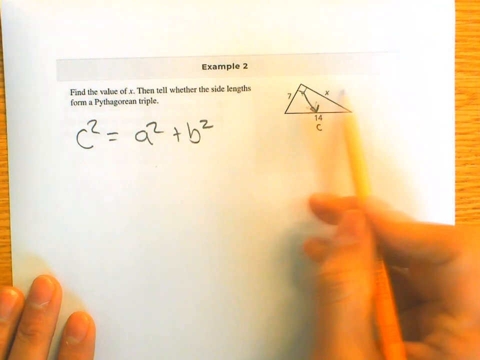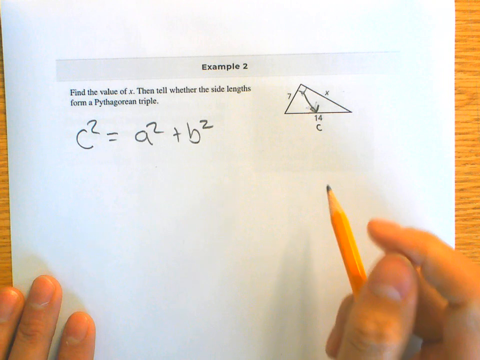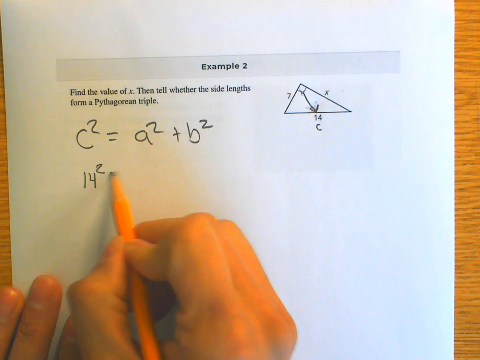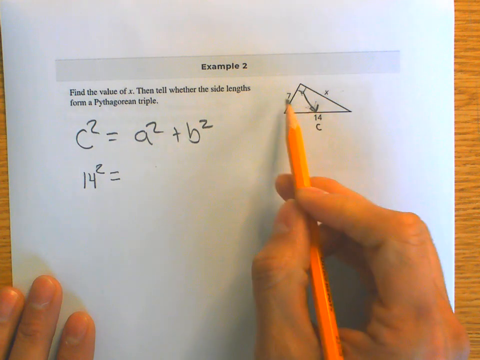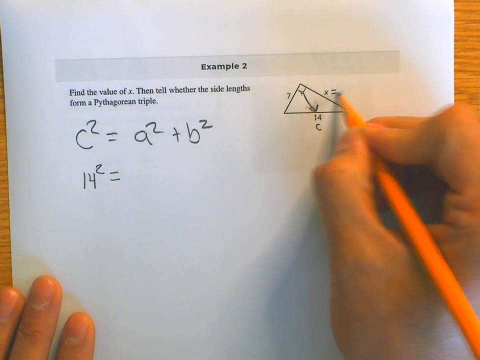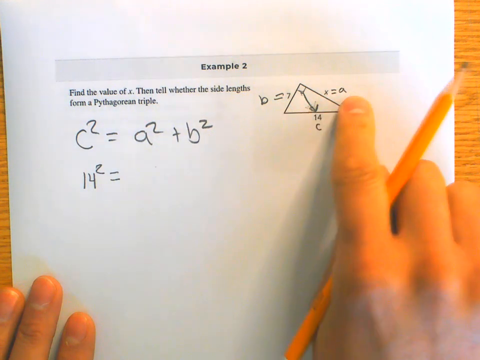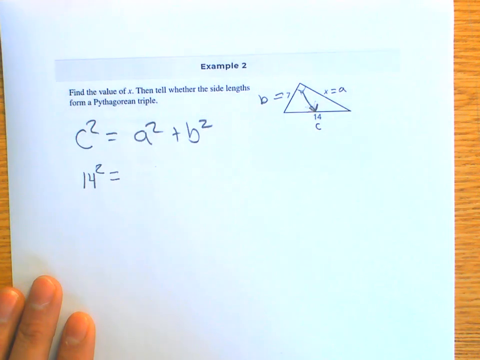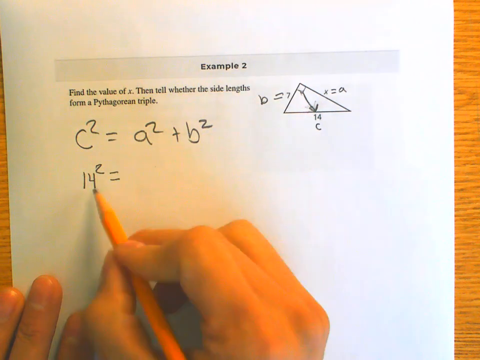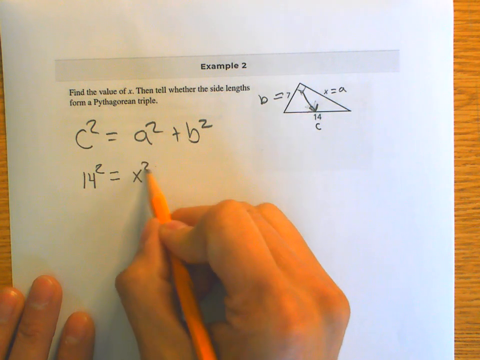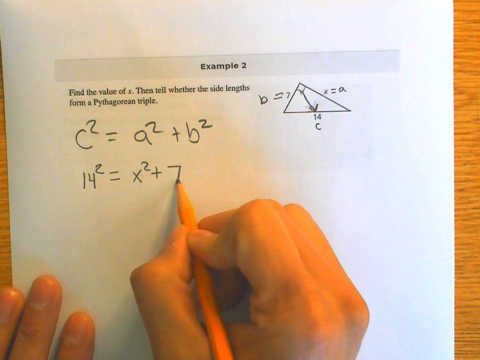These two could be either a or b. It doesn't really matter. All right, so we're going to have 14 squared equals, now, like I said, it doesn't matter which one you put. If you have this A and this B, you're going to get the same result. 14 squared is going to be equal to x squared plus 7 squared.